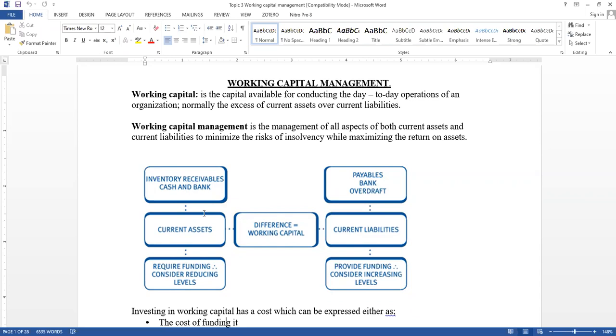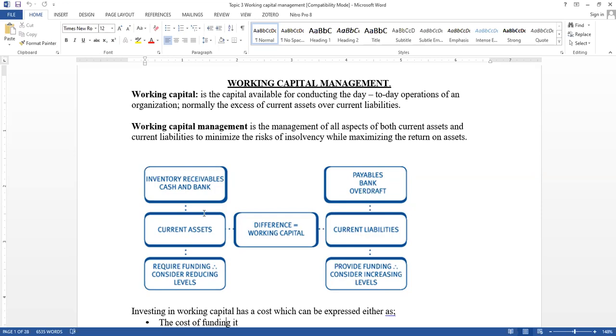Then also management of trade payables, because the suppliers in most cases advance credit to you. So how are you going to manage them? Do you pay them before you collect money from your debtors? If you're doing that, then it is not proper.